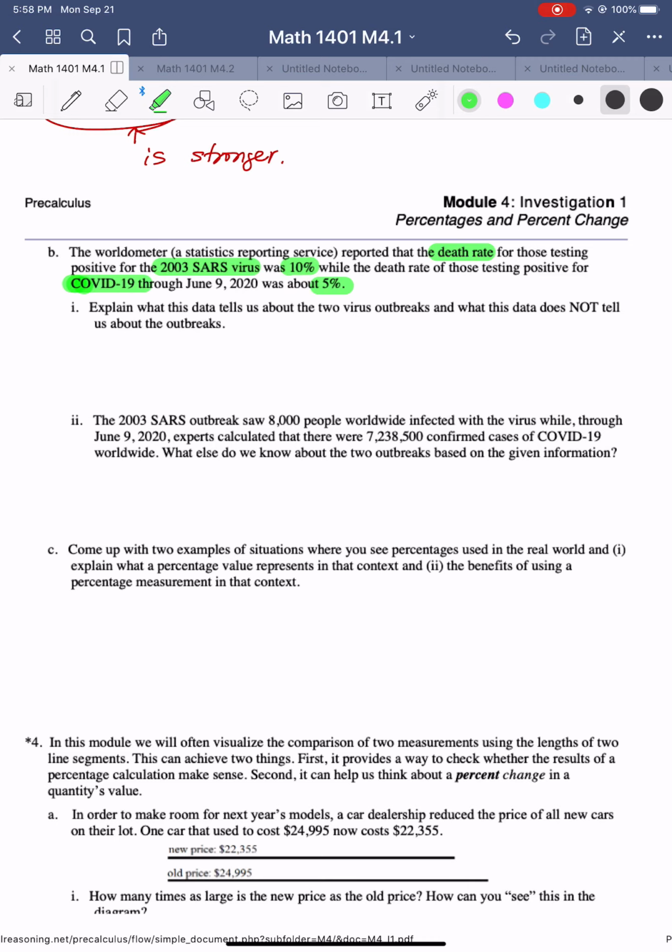So what the data tells us here is that the SARS death rate is 10% and COVID-19 is 5%.